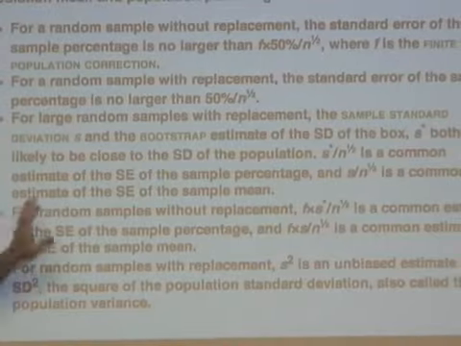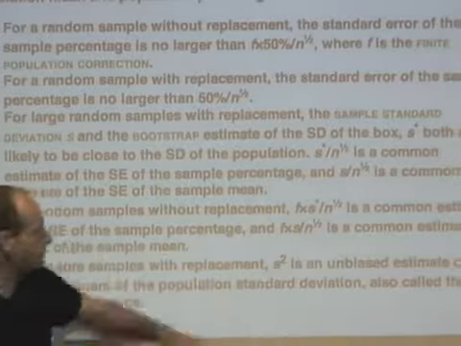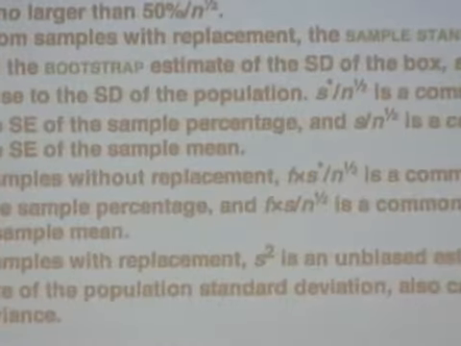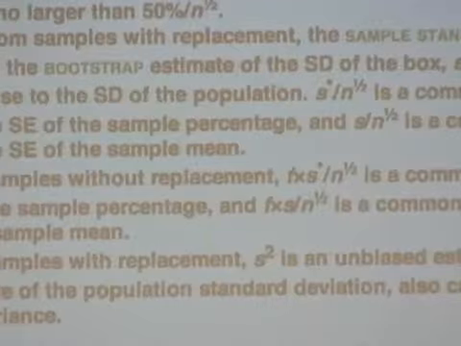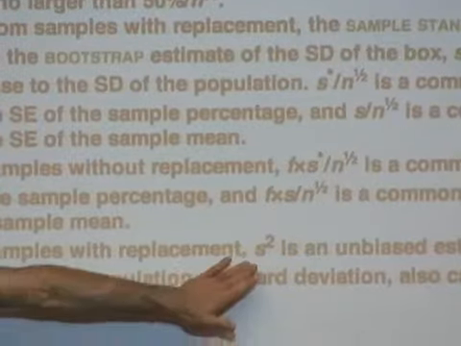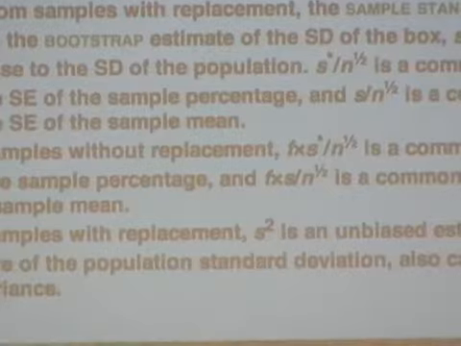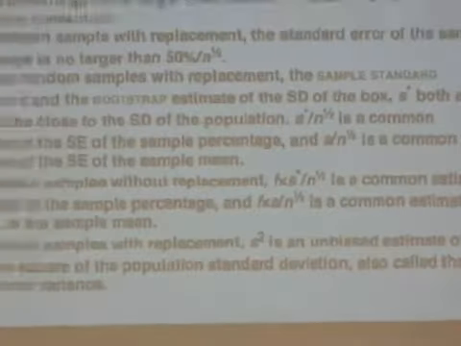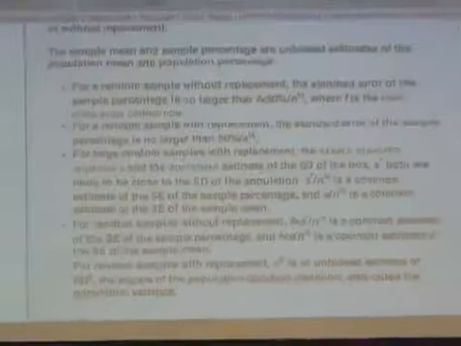If you're sampling without replacement, you modify these by multiplying by the finite population correction. In the particular case that you're taking a random sample with replacement, the sample standard deviation squared is an unbiased estimate of the square of the standard deviation of the box. Who cares? I don't know, but it's common. That's what people tend to do.